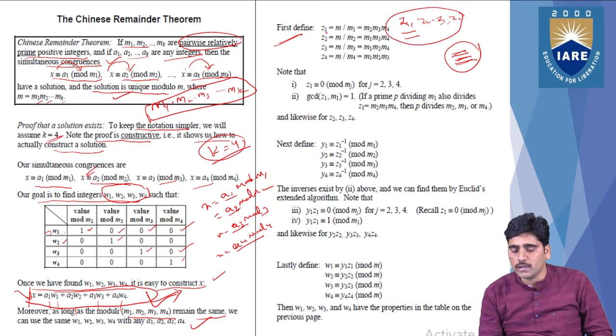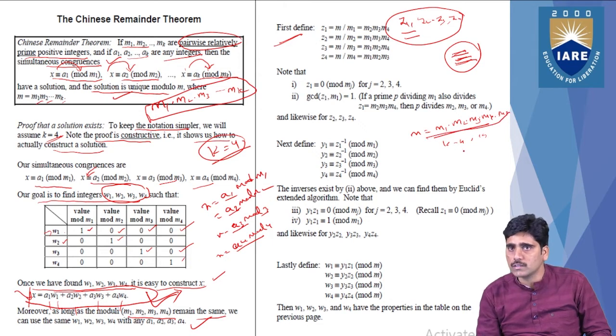So Z1 equals M by M1. M is nothing but M1 dot M2 dot M3 dot M4. Here k equals 4, so you write up to 4. If k equals 5, you would write up to M5. So Z1 equals M by M1, which is M2 into M3 into M4.